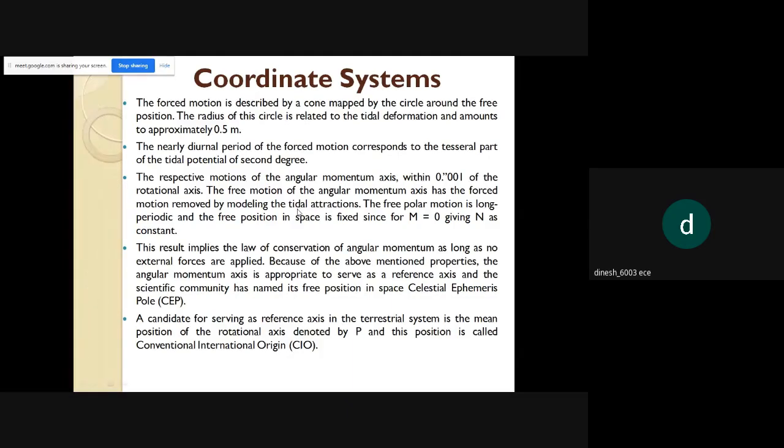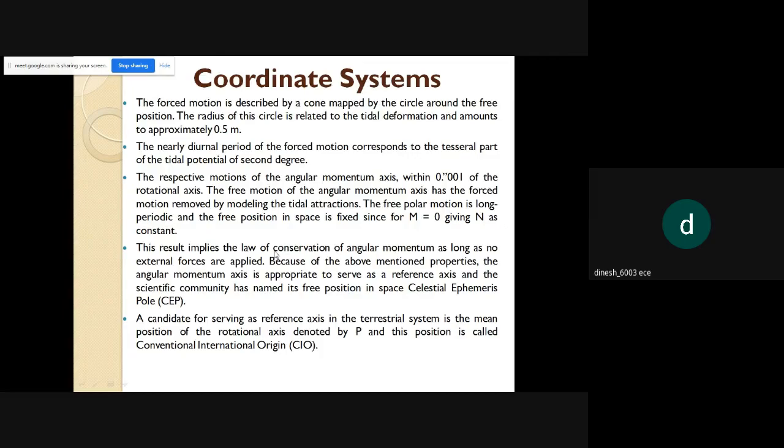The free polar motion is always fixed as m equal to 0, and the result of this coordinate with the tidal deformation is implied by the law of conservation of angular momentum.